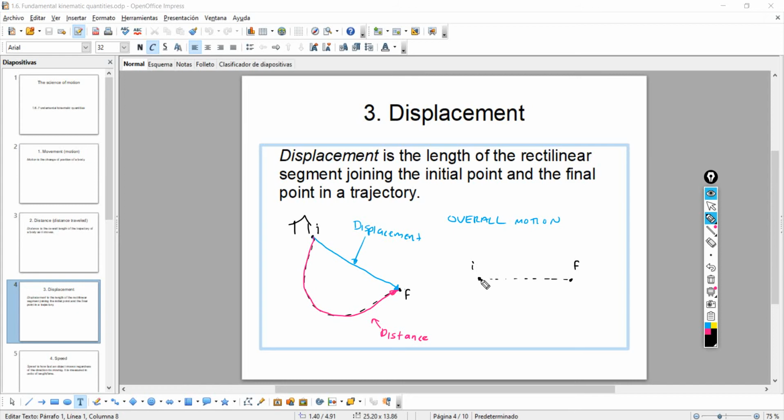Then, since the dog is moving perfectly on a rectilinear line, in this case, and this case only, the displacement would be equal to the distance traveled. But for any other case, we will always have that the distance is greater than the displacement, always.